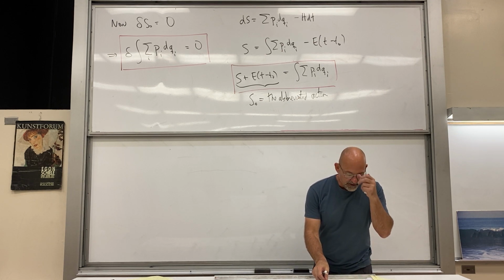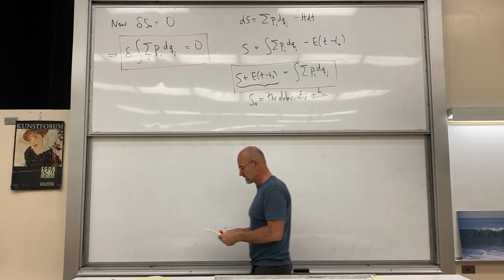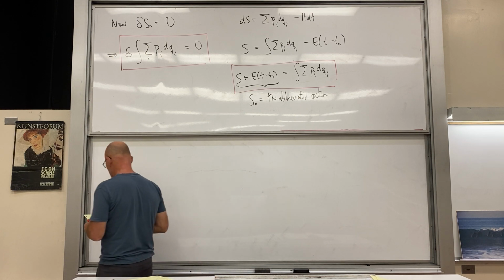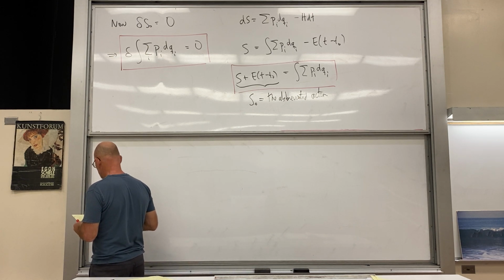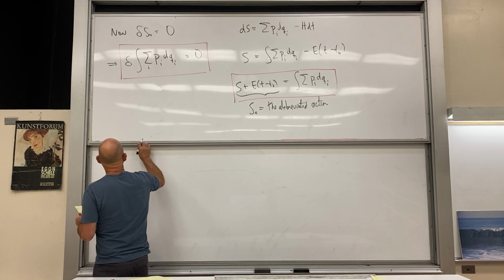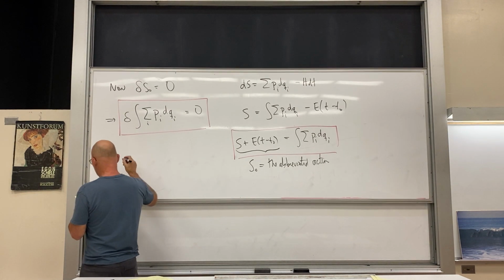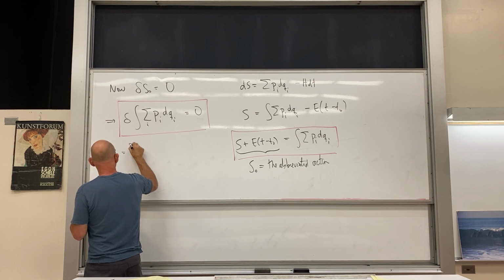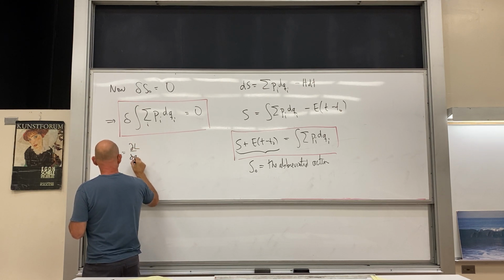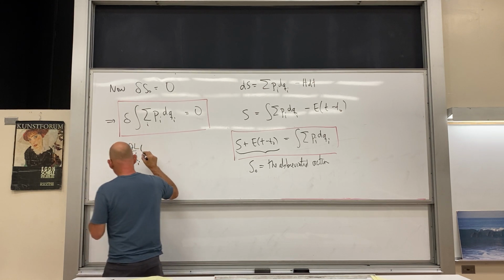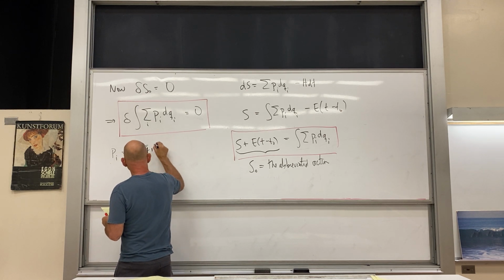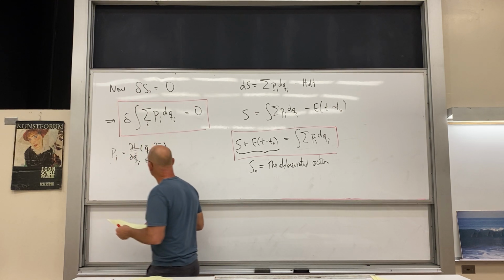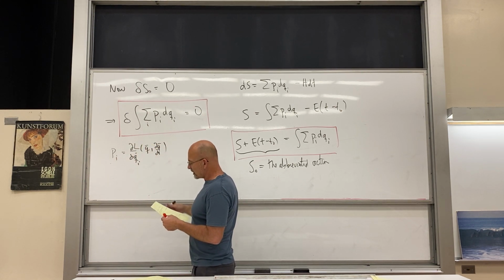So here's what we're going to do next. Right now we have p sub i, the partial of L with respect to q sub i dot. It's a function of the q's and the dq/dt's. So that's what our p sub i's are.